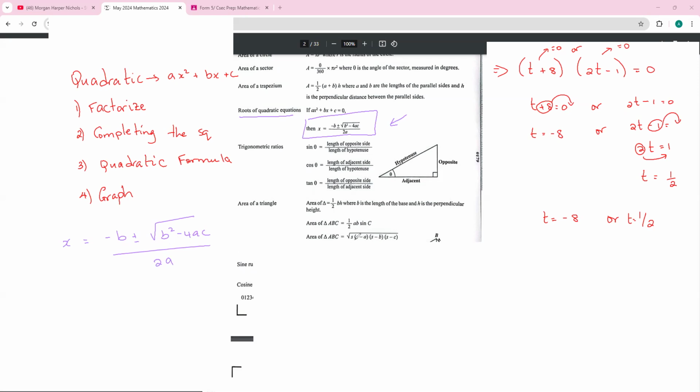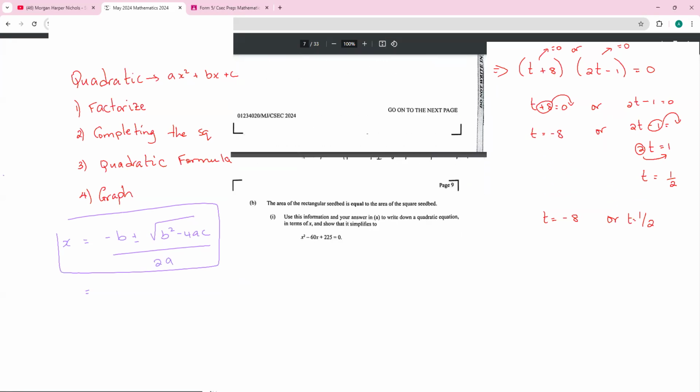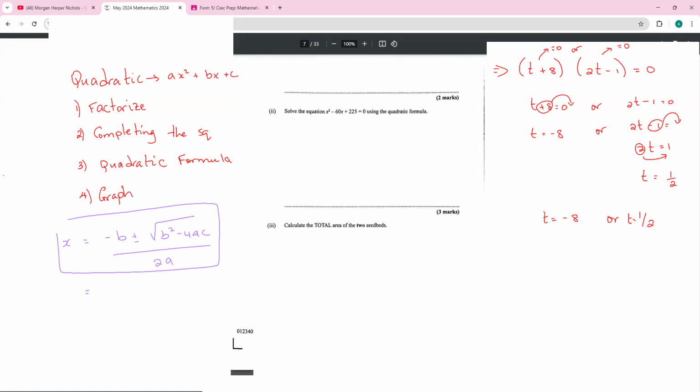But for now, if you want to try it, or if you've done it before, you could use the formula, which is this one. They normally give us a formula sheet at the beginning of the exam paper, but I still recommend you know it because it will take you time to flip back to get it. So if you've done it before, you could try the question and see. And in our next session, we'll work it out.